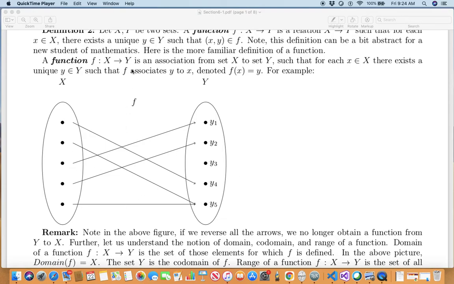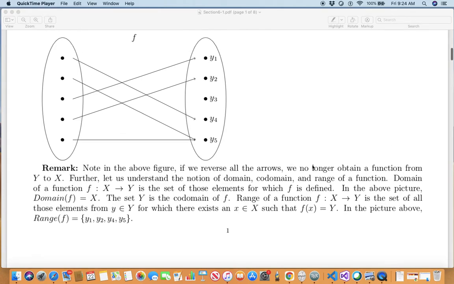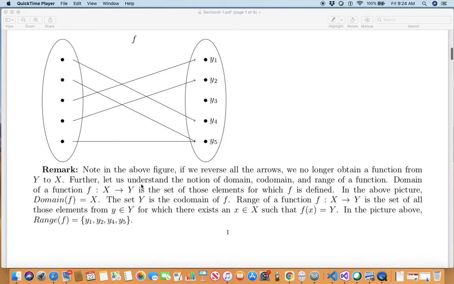That's a function. Now, in this particular figure, if we reverse all the arrows, we no longer obtain a function. If I reverse all the arrows, y5 will end up in two different destinations, so it's no longer a function. Moreover, y3 has nowhere to go, so that also is a failure, right?